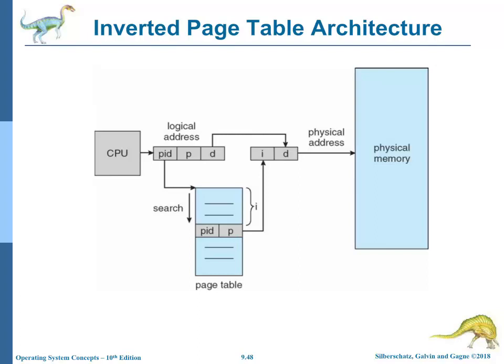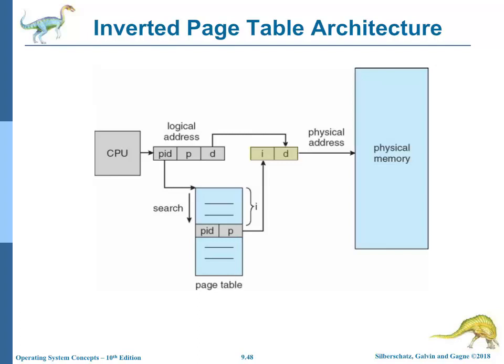When a memory reference occurs, part of the virtual address, consisting of process ID and page number, is presented to the memory subsystem. The inverted page table is then searched for a match. If a match is found, let's say at entry i, then the physical address i with the offset is generated.